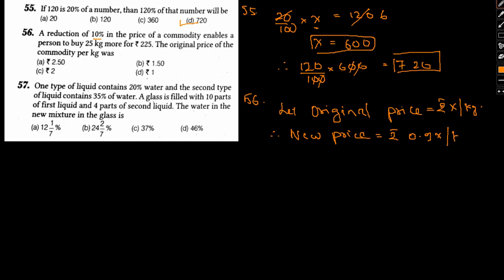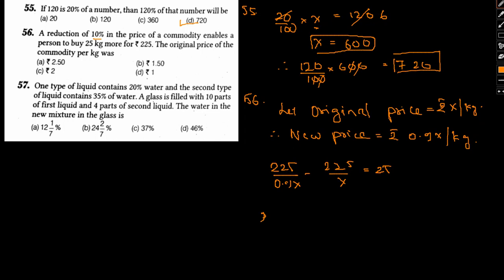So rupees 0.9x per kg. Okay, and now the reduction in the price basically enables the user to buy 25 kg more. So for 225 rupees, 225 by 0.9x minus 225 by x equal to 25. Okay, so this is what we have.